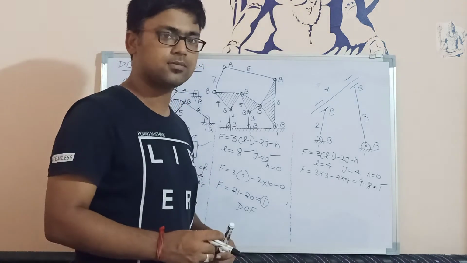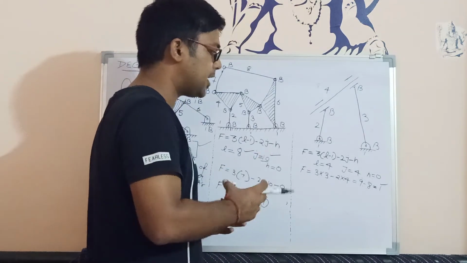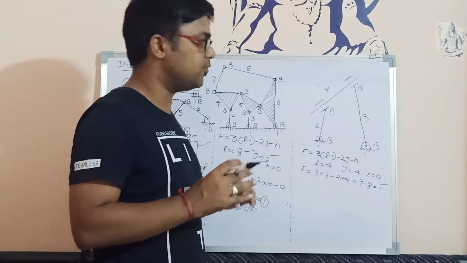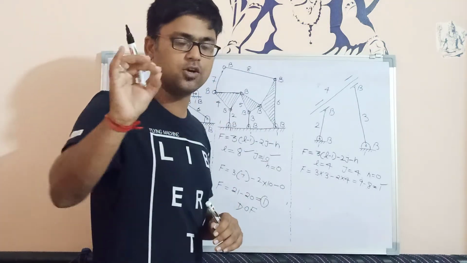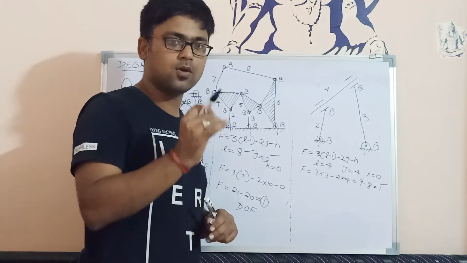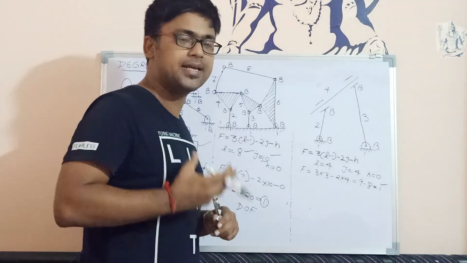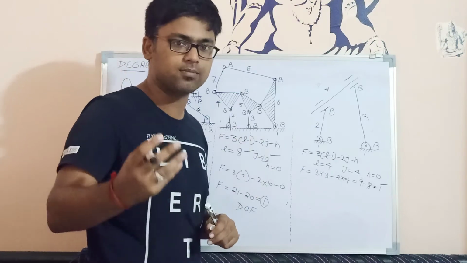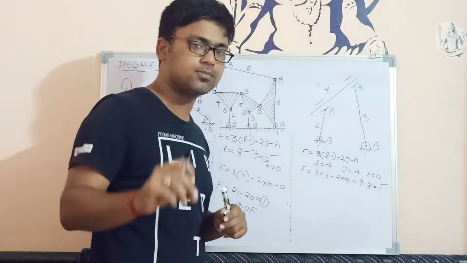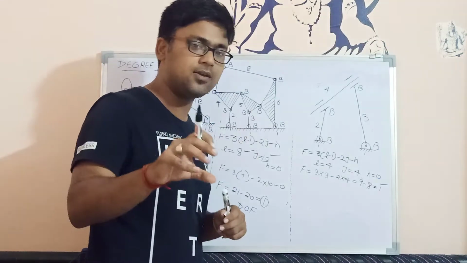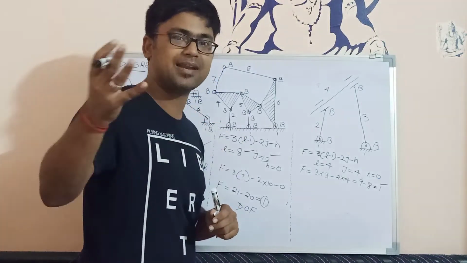Clear? But if we apply the actual formula of degree of freedom, we can say we are having a link here that is having redundant degree of freedom. Clear? Any link is said to have a redundant degree of freedom when you move it, when a link can have motion independently without affecting the relative motion of the entire mechanism.